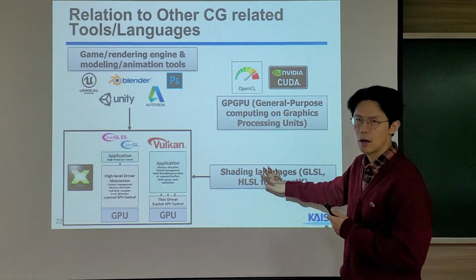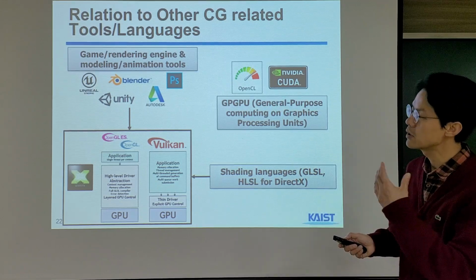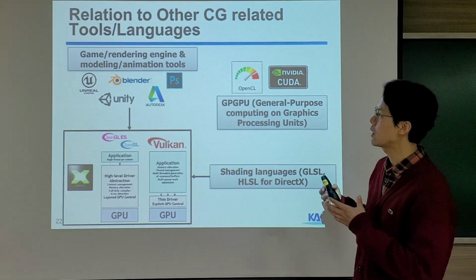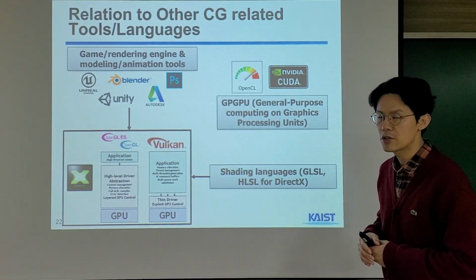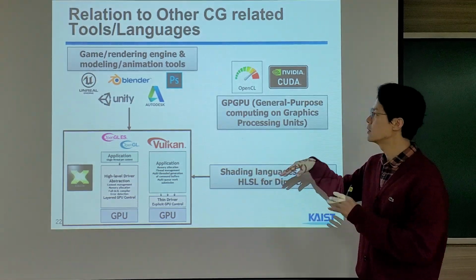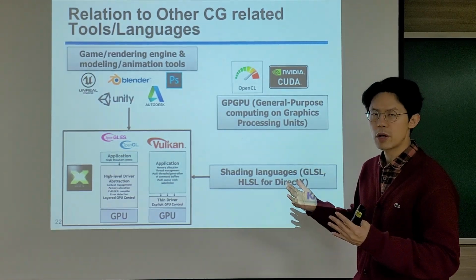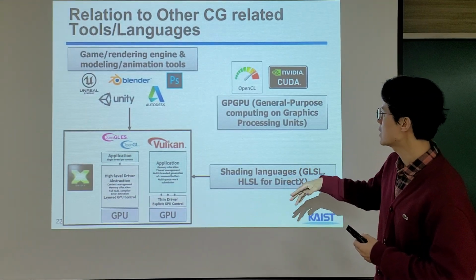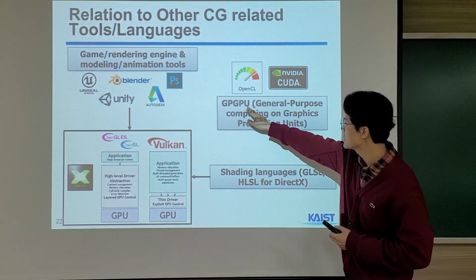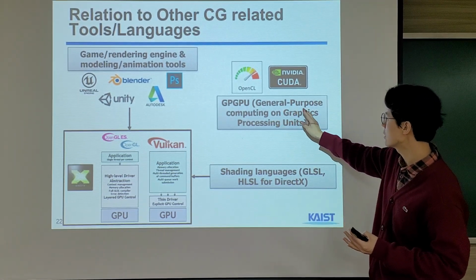Sometimes we might have time to talk about this one. GPUs evolved to execute graphics applications, but as you know, the GPU keeps evolving and can now enable more general programs like the CPU, right? That's why there are other tools like CUDA, which enables general-purpose computing, a language for the GPU.